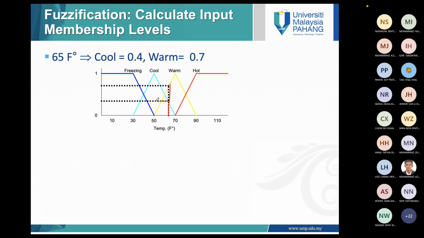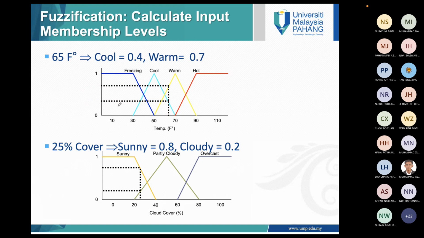So you navigate to the value here. For cool we have 0.4 and for warm we have 0.7. So that is for the temperature. How about the cloud cover?